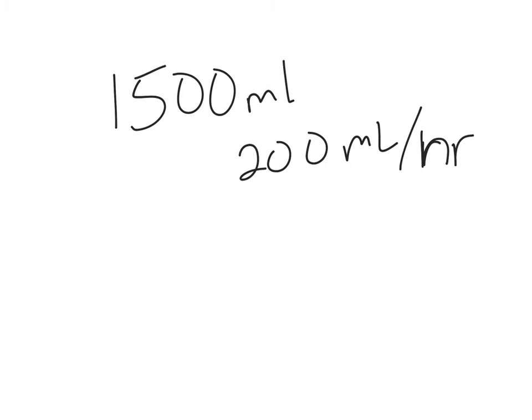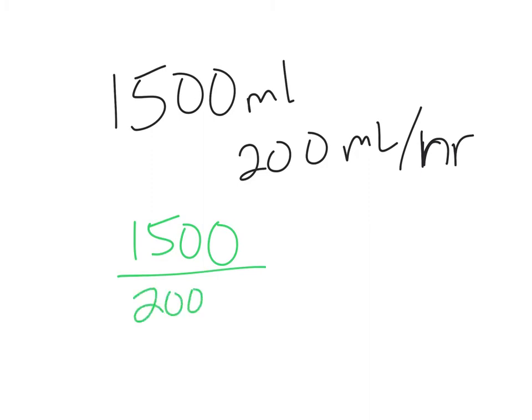So again, how we're going to calculate this is we're going to take that total volume of 1,500 milliliters, and it is in milliliters, so I don't need to convert it to anything. I'm going to divide it by my flow rate of 200. So I'm going to take 1,500 divided by the flow rate of 200. That gives me 7.5 hours. And again, 0.5 we're pretty familiar with.